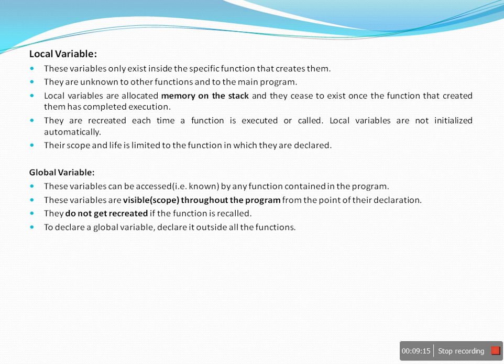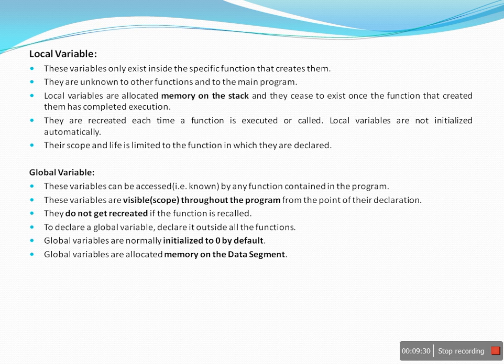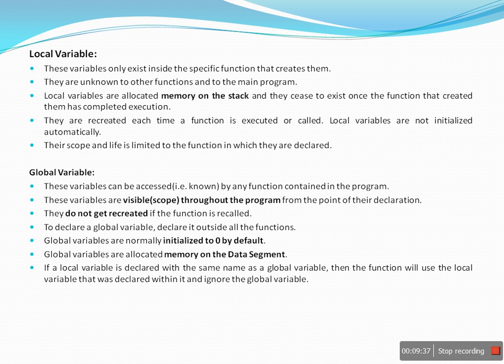So this is known as a global variable. Global variables are normally initialized to 0 by default, but a local variable is initialized with a garbage value. Global variables are allocated memory in the data segment. Next property, if a local variable is declared with the same name as a global variable, then the function will use the local variable that was declared within it and ignore the global variable.